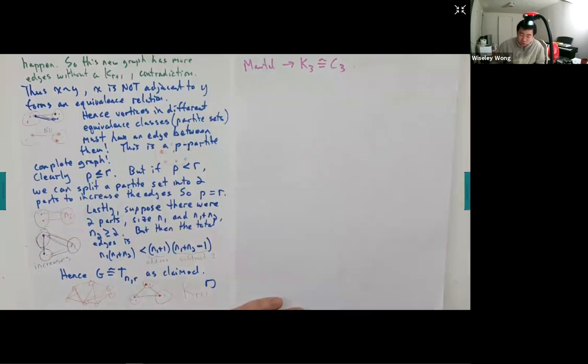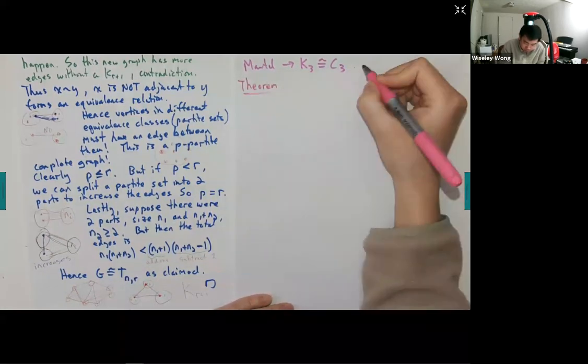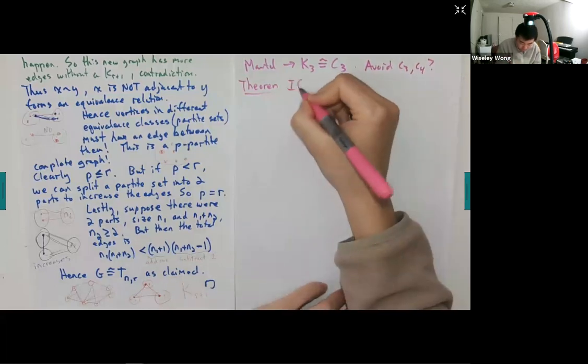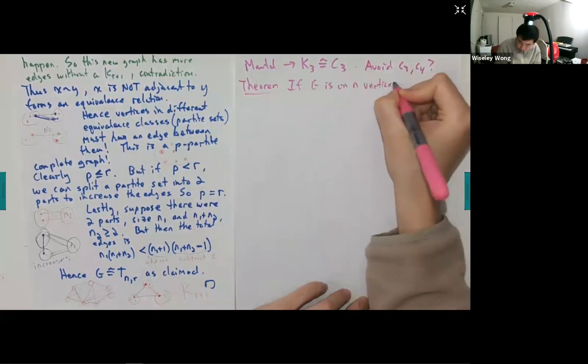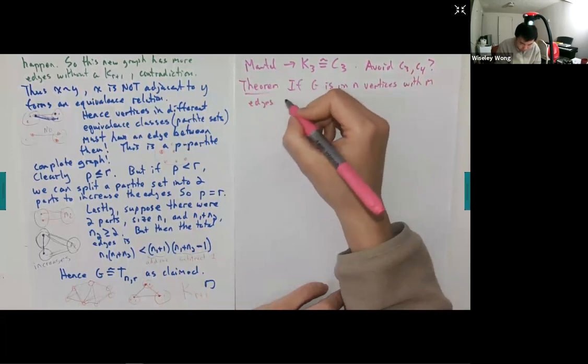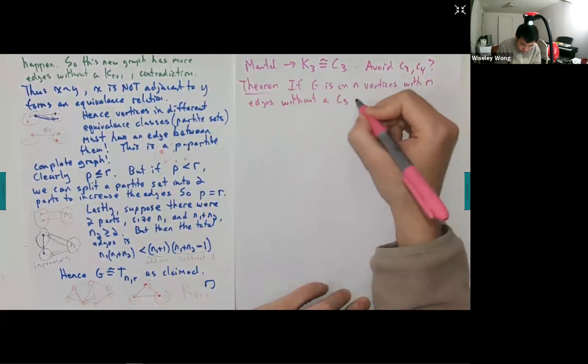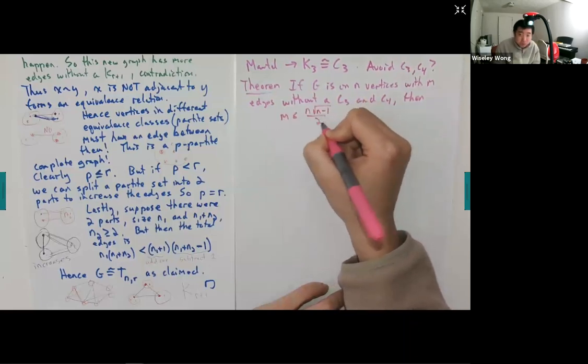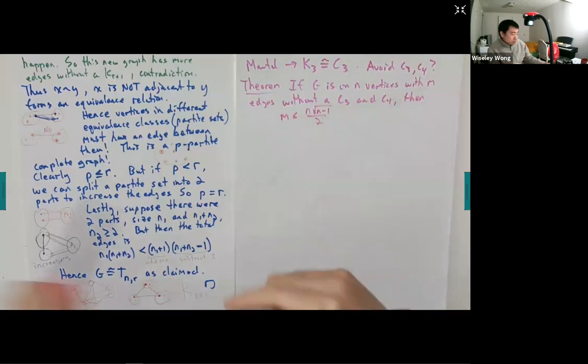So we look at the case, let's try and avoid a 3 and 4 cycle. So there is a bound on this.